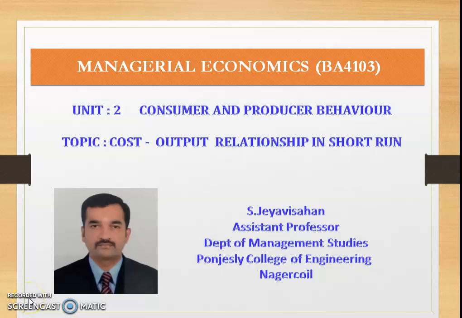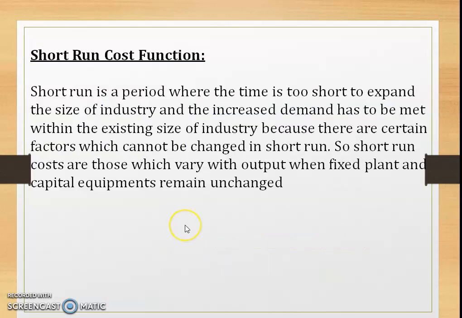For this lecturing video session, I have come up with the next topic, which is cost output relationship in short run cost function. Let's see what short run cost function means.